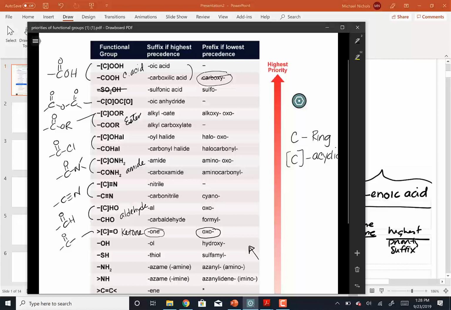I don't think with aldehydes we ever use it. I don't think we use it with alkyl halides or acid chlorides, which we're not going to do. Esters, I'm not quite sure. I don't even know why those are there, because we're never going to use those. The only oxo is a ketone as a lower priority substituent.